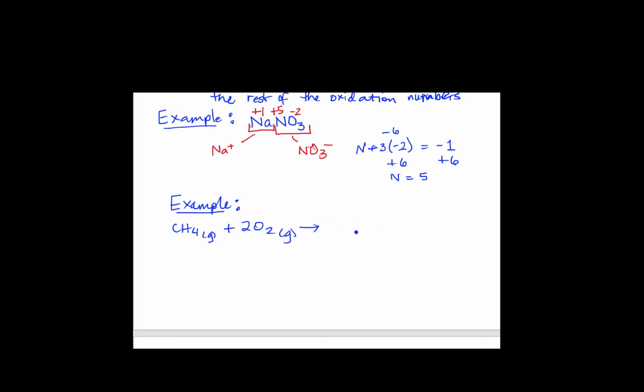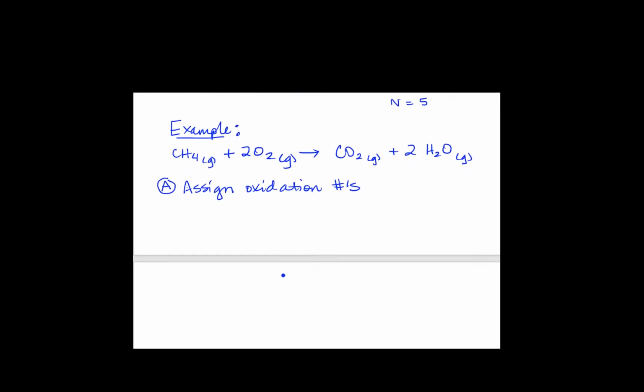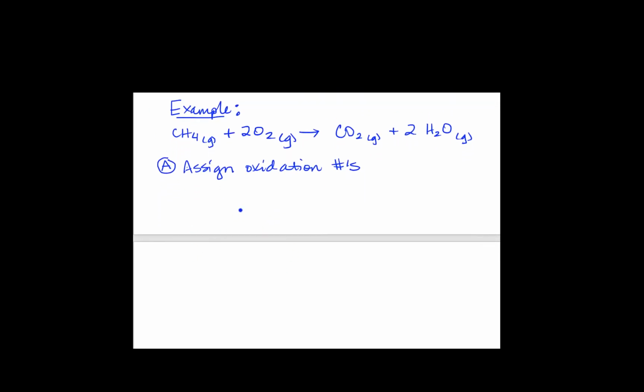And we're going to assume it reacts completely to form carbon dioxide and water vapor. So our first question might be to assign the oxidation numbers for all of the elements. So what I usually do when I assign oxidation numbers is I'm going to separate things out by compound, and I'm just going to work my way through them.